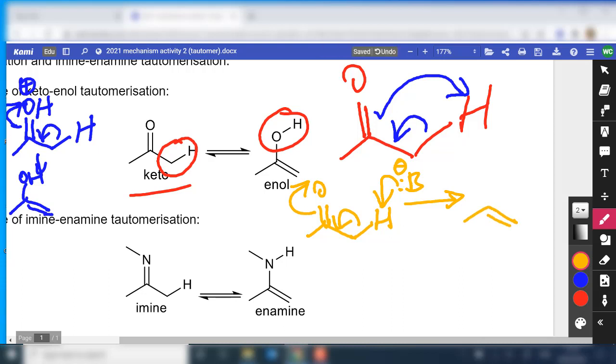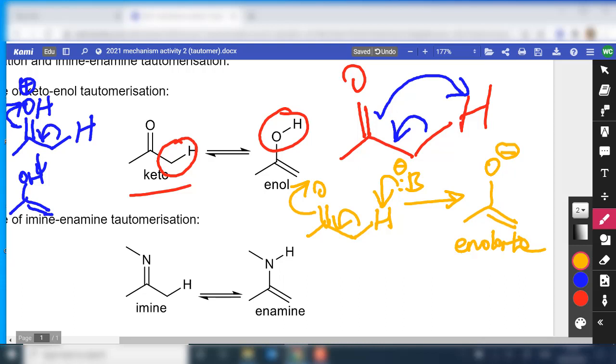And then in this way, you're going to get the conjugate base of the enol. This is known as an enolate. Okay, an enolate. If you protonate the enolate, you will get the enol. Okay, but generally in basic forms, you don't really get the enol, but you get the enolate more often than not.